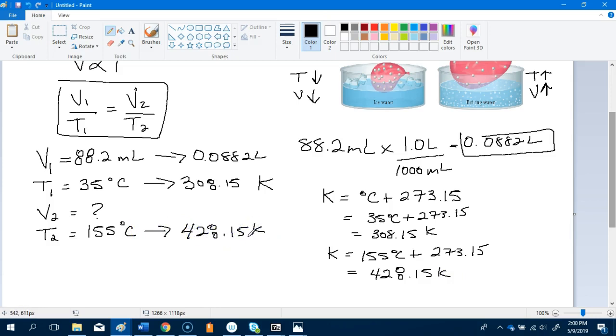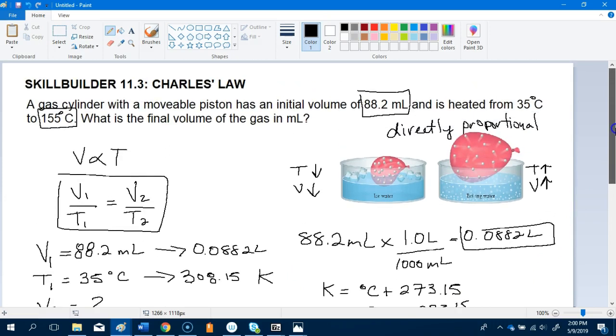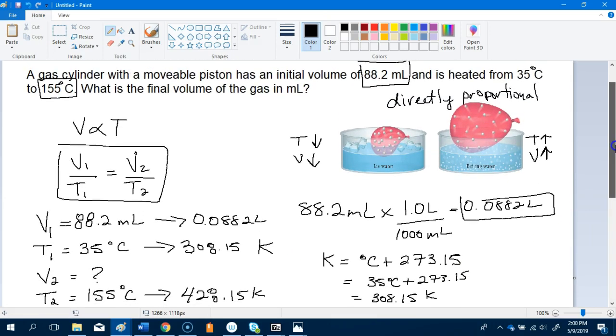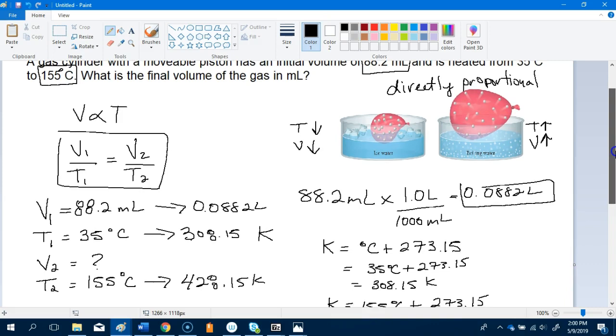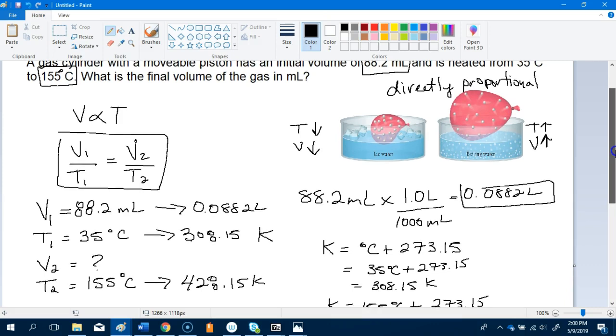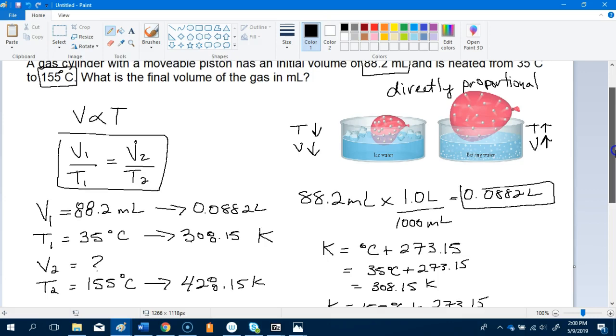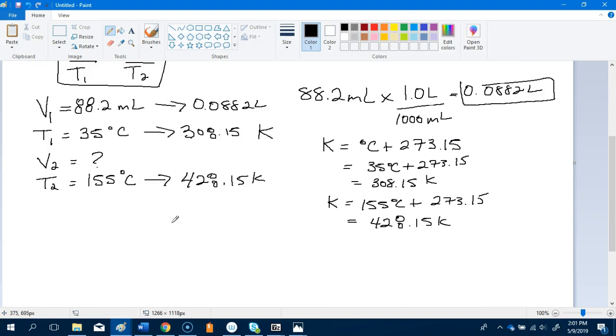So that's super important. Whenever you do Charles's law, where volume is directly proportional to temperature, you have to remember that your volume has to be converted to liters and your temperature has to be converted to kelvins. Okay, now that we have our volumes in liters and our temperature in Kelvin, we can go back to Charles's law, which is that initial volume over initial temperature is equal to the final volume over the final temperature.